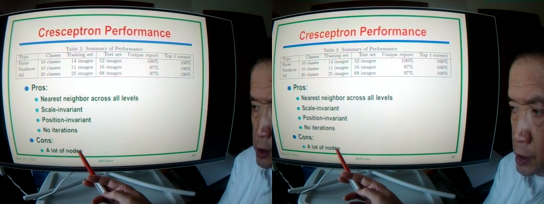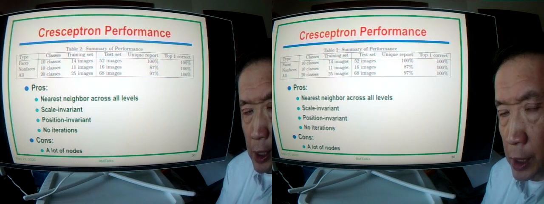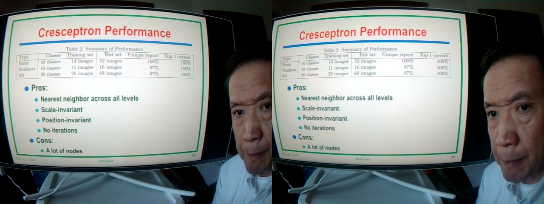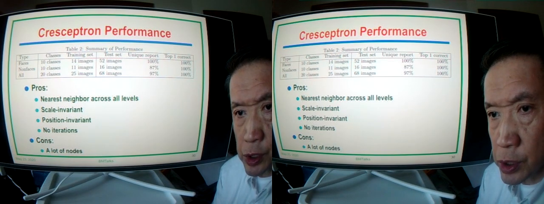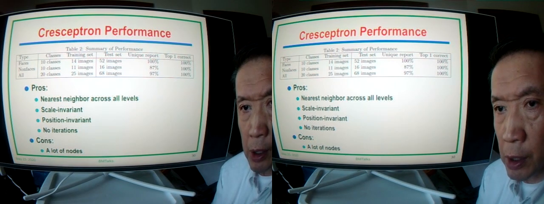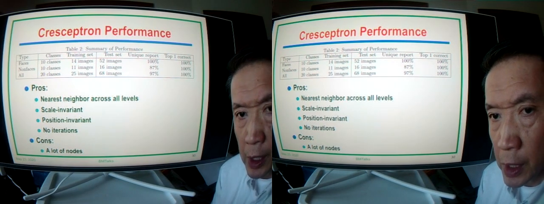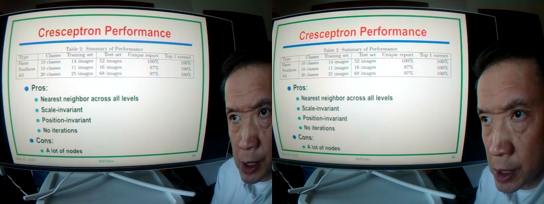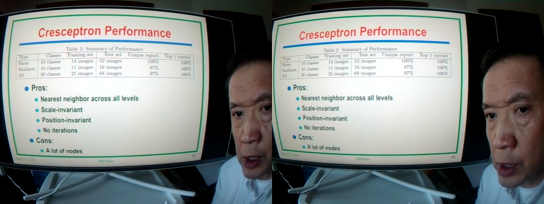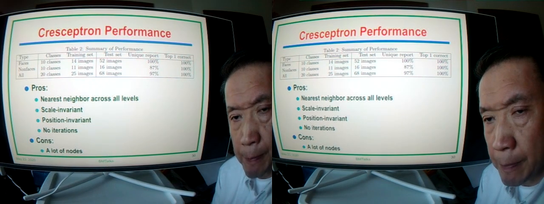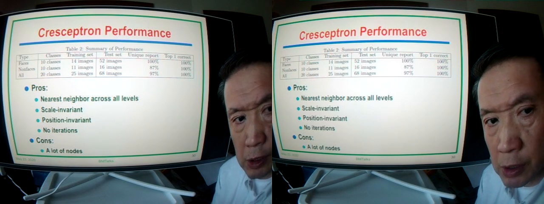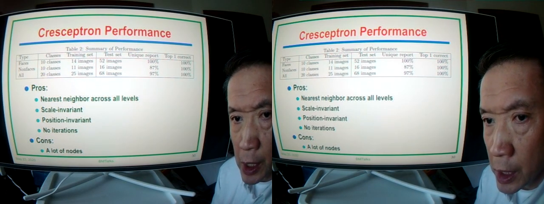Each neuron plane corresponds to a node. The number of nodes becomes very big. The more features you use, the more samples you learn, the more neurons will be generated. And that's a major limitation of this method. After I published this work, we have a much better method that I will talk about in a future talk and also mention a little bit in the next episode.